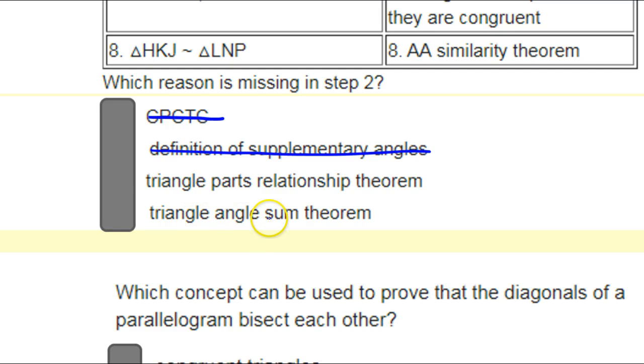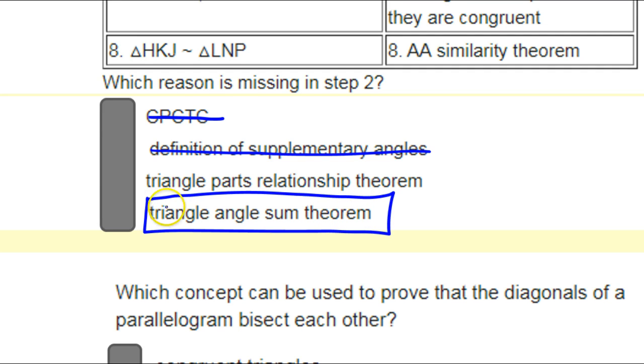Triangle angle sum theorem. That sounds familiar. Alright, so I'm pretty sure if you study your notes, which I'm sure you've taken, somewhere you have written down the triangle angle sum theorem, which says that the sum of the angles in a triangle add up to 180. So I think this is the answer.